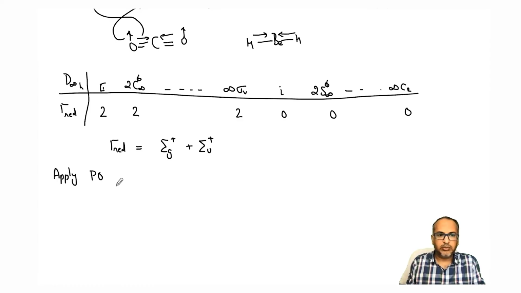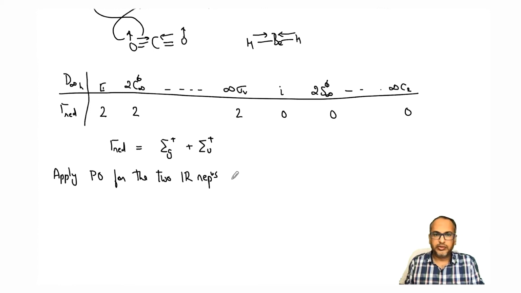So apply the projection operator for the two IRs on the 1sA and 1sB orbitals of HA and HB.